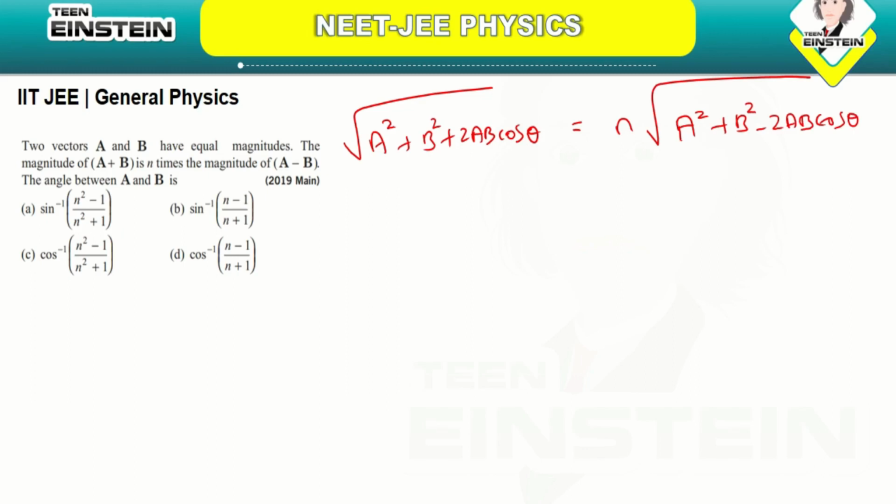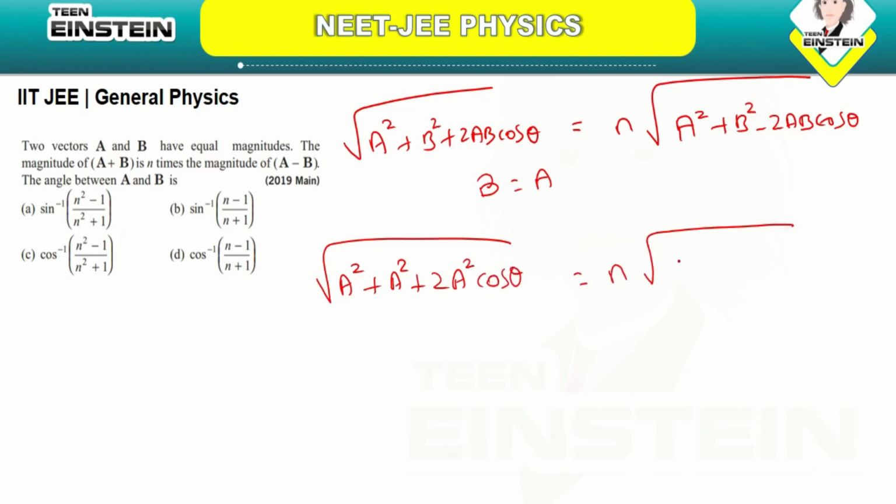Okay. So here they have given b is equal to a, or a is equal to b. So when a is equal to b, what will happen? This will become root of a square plus a square plus 2a square cos theta is equal to n into root of a square plus a square minus 2a square cos theta.